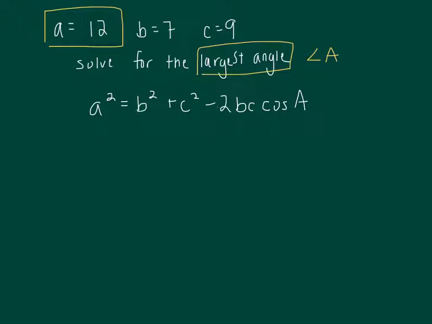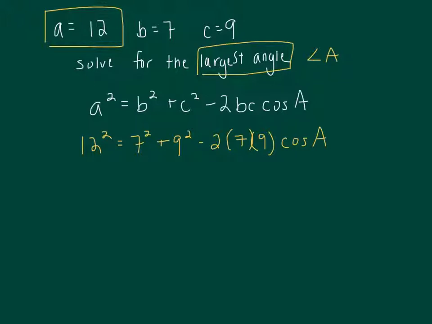Once again, the first thing I'm going to do is plug everything in. So go ahead and hit pause while you plug everything into the equation. Okay, this is the equation we should have. 12 squared equals 7 squared plus 9 squared minus 2 times 7 times 9 times the cosine of A.